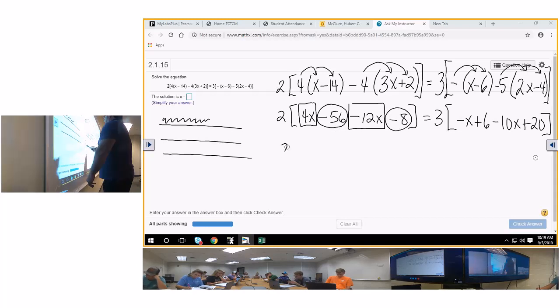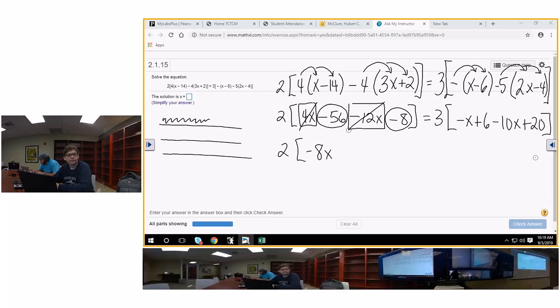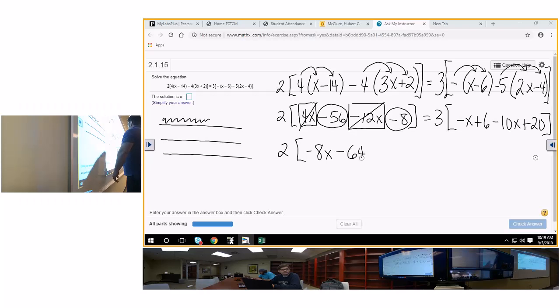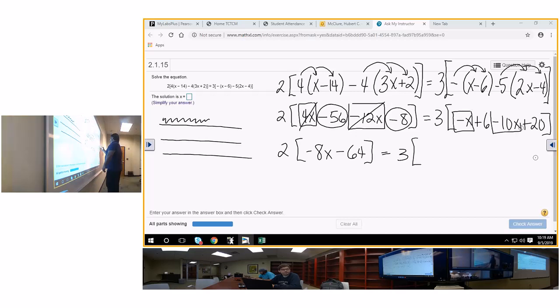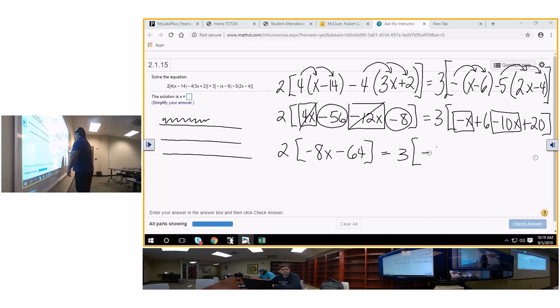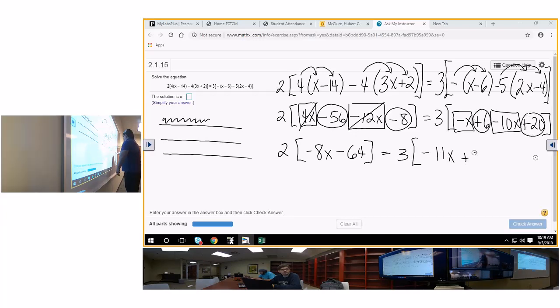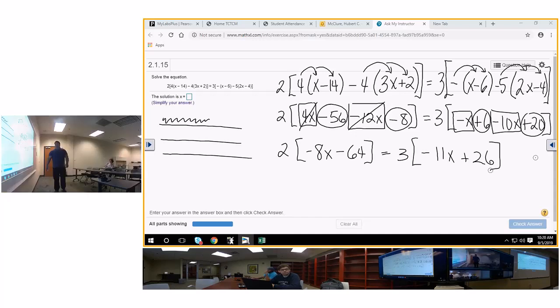So 4x minus 12x is negative 15x minus 64, and that would be 64, good. And then equals 3 brackets. We got a -1 and a -10, which is a -11x, and then a 6 and a 20, which is 26. All right, now you distribute the 2 and the 3 and finish it out.